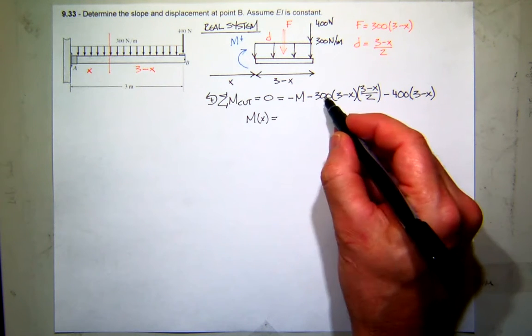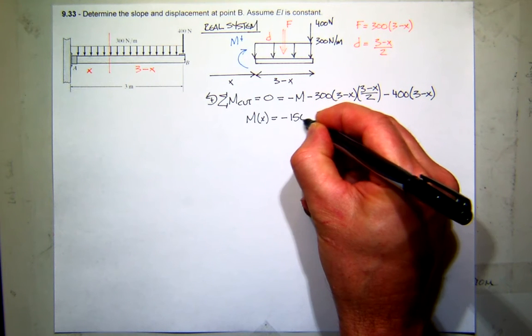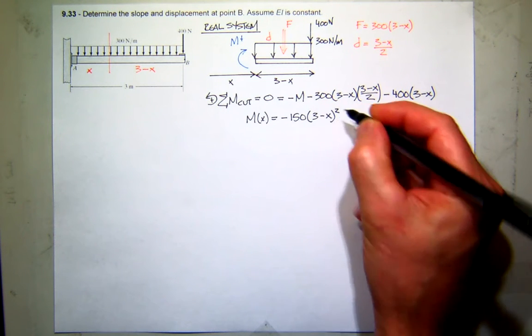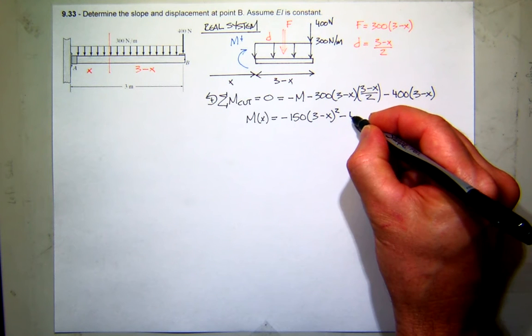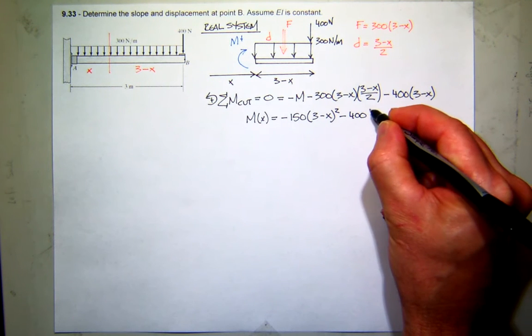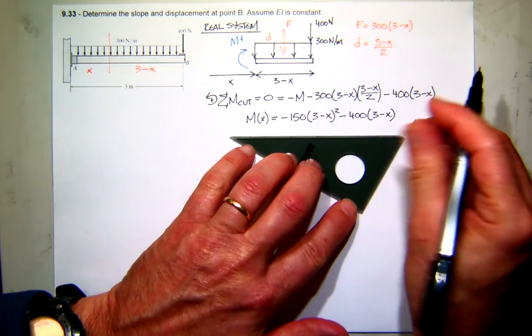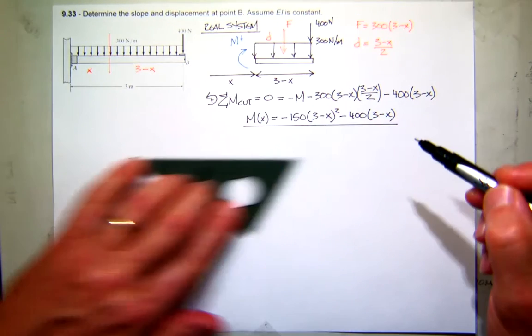We'll let that 2 knock that one out, so I'll get minus 150 times (3 minus x) squared. That should take care of the first term. And then minus 400 times (3 minus x). And if you like, you could expand that and collect terms, but that's good enough for me right now.